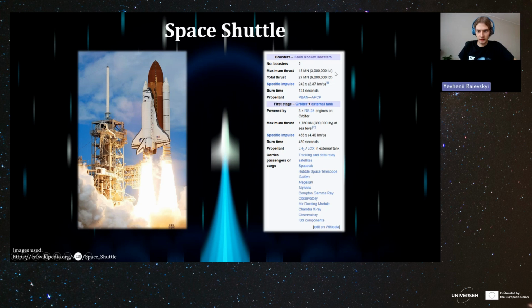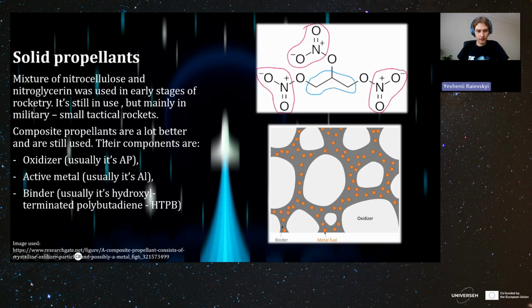Here is written 13 meganewtons, and its specific impulse is 242 seconds. And this shuttle used solid propellant APCP, which we discussed here.